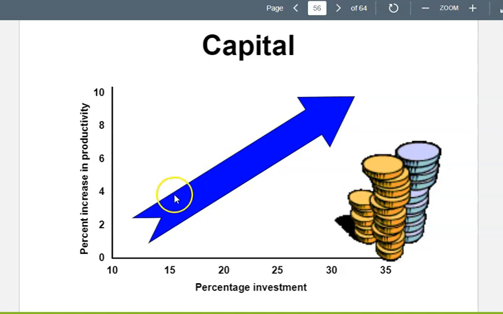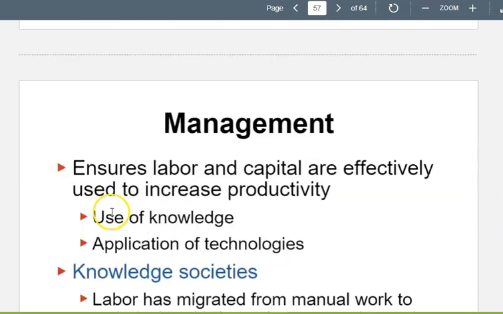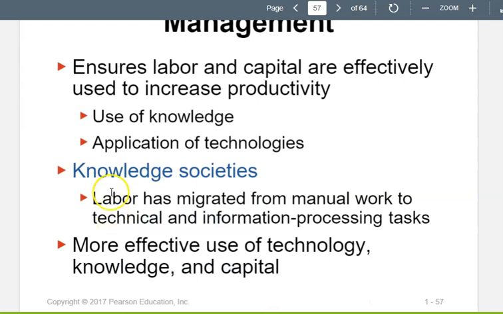Okay, capital, and how much it can have an effect on productivity. Of course, having access to more capital can help you improve productivity, automation, and increase your output. Management ensures labor and capital are effectively used to increase productivity.